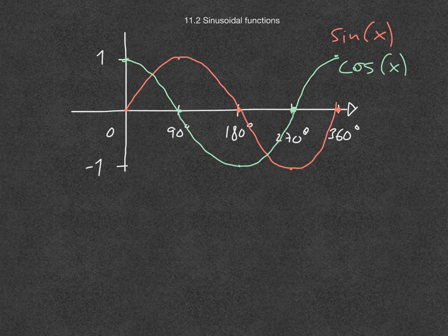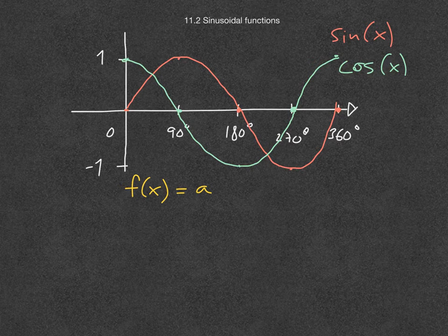Now, when we use sinusoidal functions similar to these to model something in the real world, they would have to fit the data that we have, or to fit the phenomena that we have. So most of the time we want them to look slightly different from the simplest sine function and the simplest cosine functions. And what we can actually see is that the sine function can be written slightly differently.